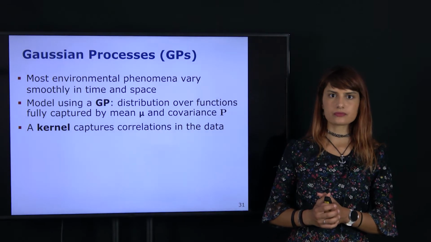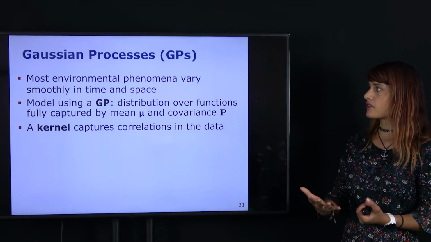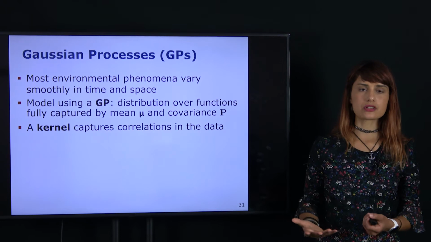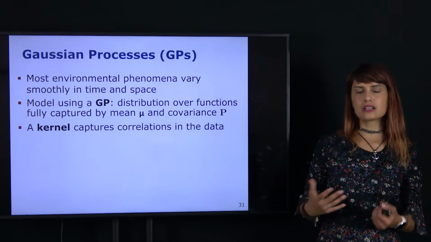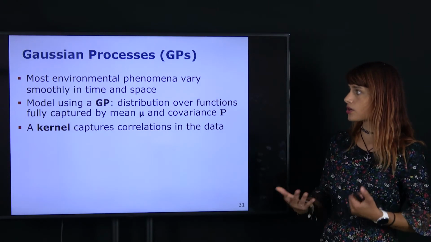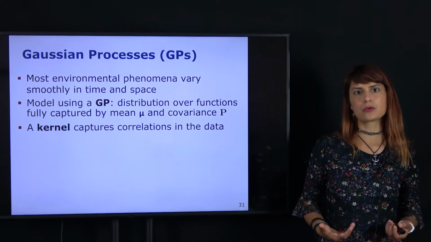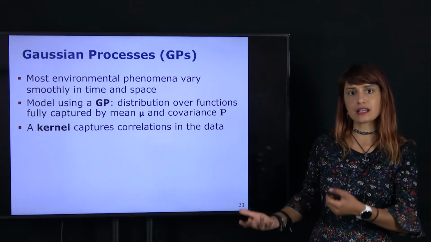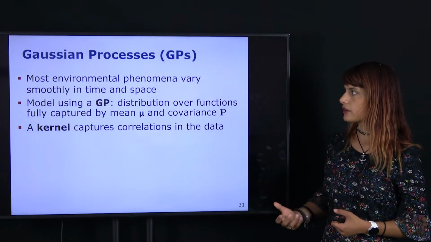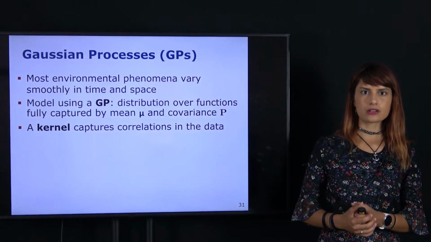The motivation for using GPs is the fact that many environmental variables that we encounter in the physical world, for example, temperature, vary smoothly, and we have clear gradients in space. So using an occupancy map or a map that assumes spatial independence would not be appropriate to accurately capture these variables, because we want to figure out a way of encapsulating the dependencies within our mapping framework.